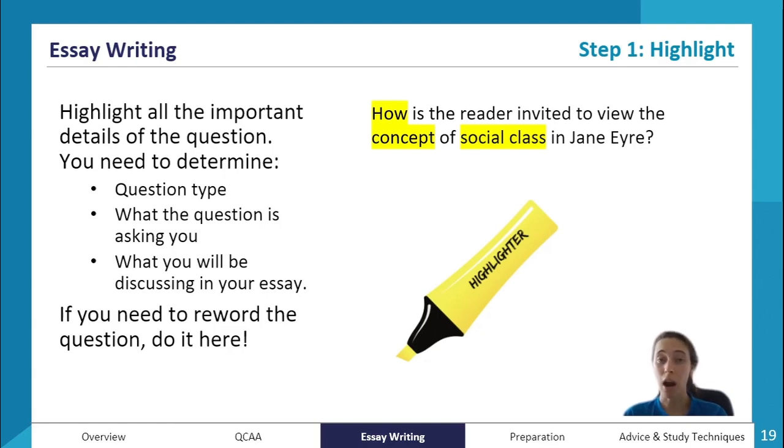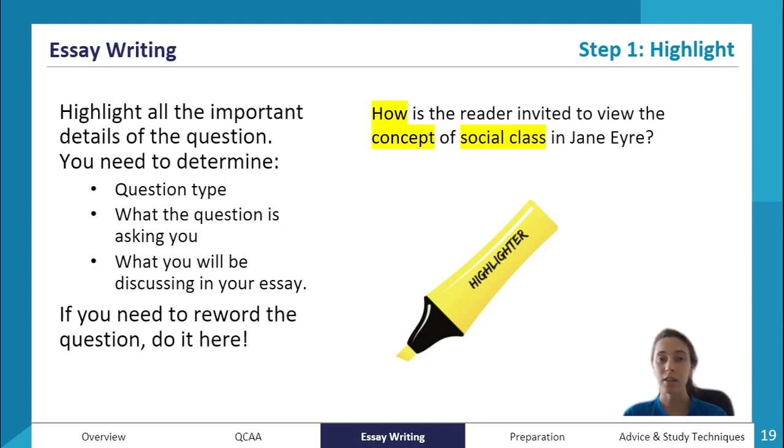If you don't want to highlight, you can also use other equivalent strategies: underlining, circling, whatever is best for you. When you're doing this, you need to determine what the question type is, what the question is asking you, and what you'll actually be discussing in your essay.